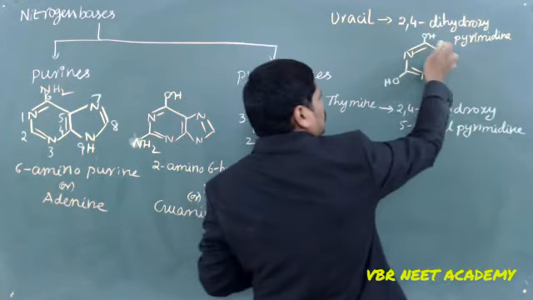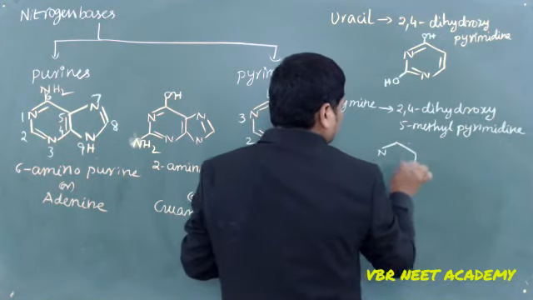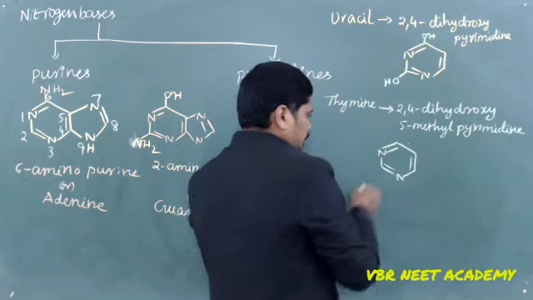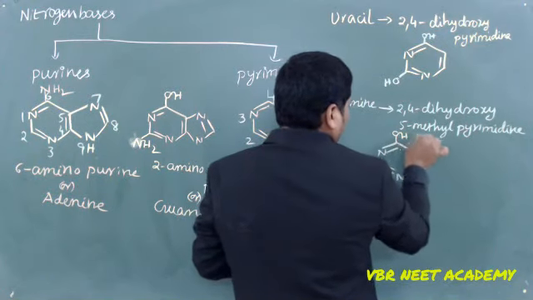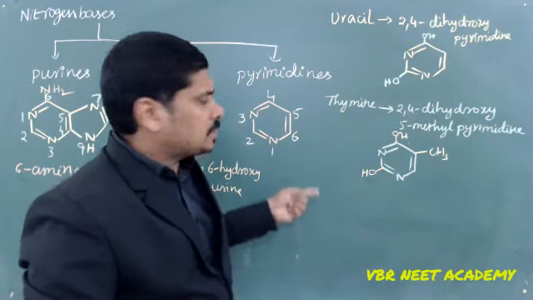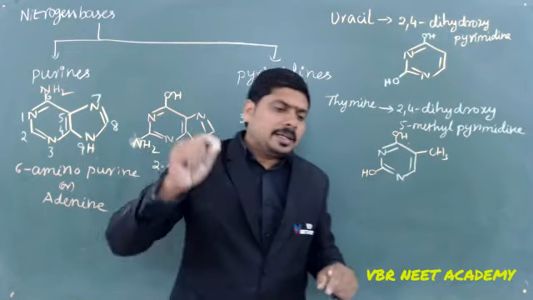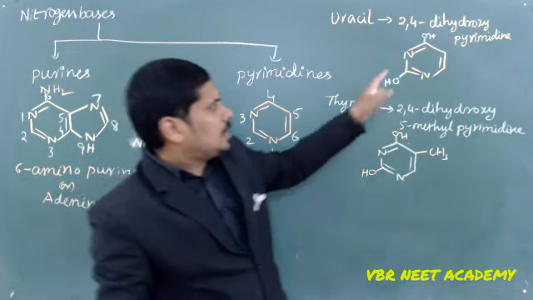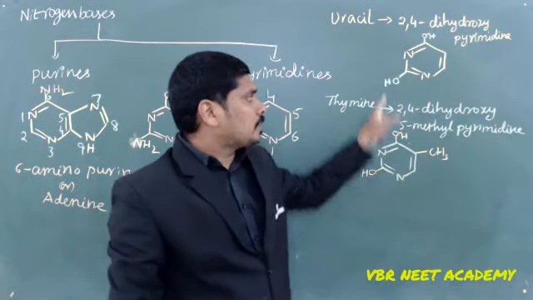So other than these two hydroxyls, we add one methyl group here. Here OH, here OH, here CH3. That's the difference. What we discussed: nitrogen bases present in DNA are A, T, G, C, whereas in RNA they are A, U, G, C. Uracil has 2 hydroxyl groups, and one methyl group is present in thymine; that is the only difference.